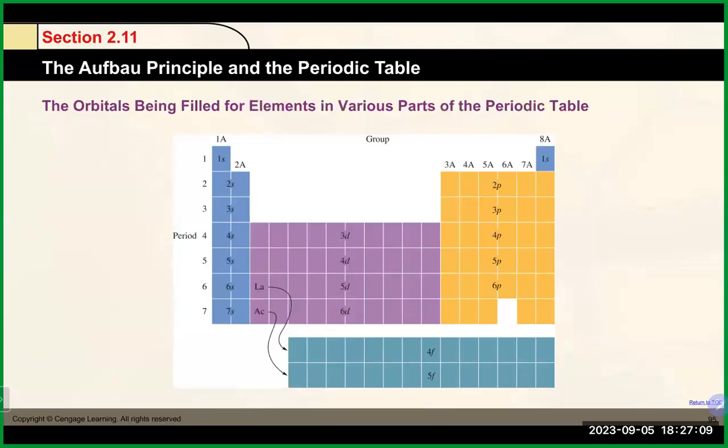So this is electron configuration and the periodic table, and if you sort of know what you're doing, you can count off electron configuration off the periodic table, but there are some things that you should be aware of. So if we look at the periodic table, we have our groups.